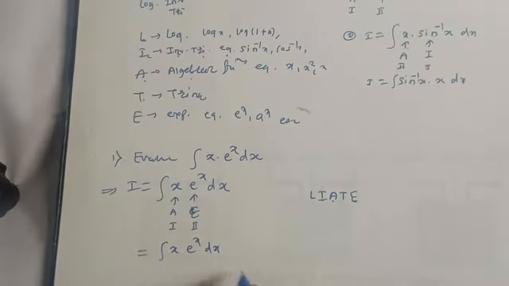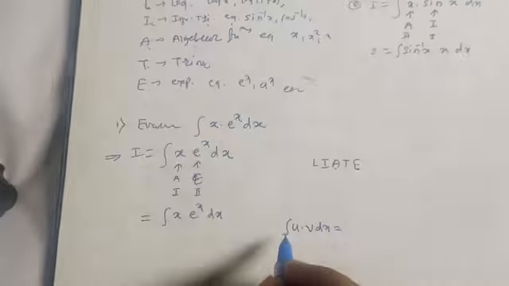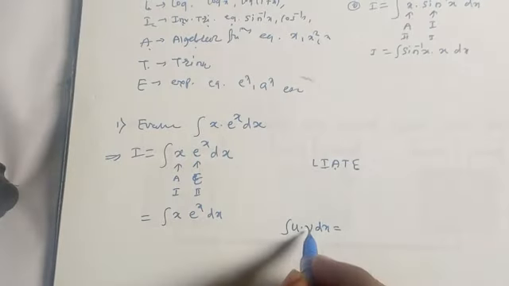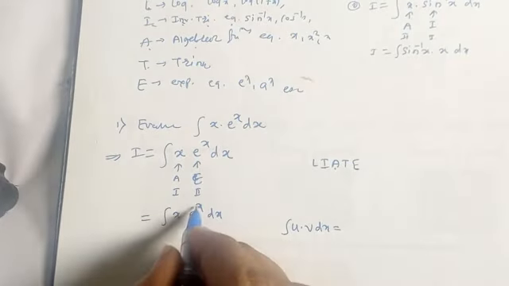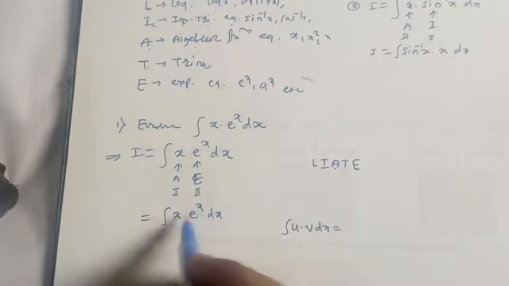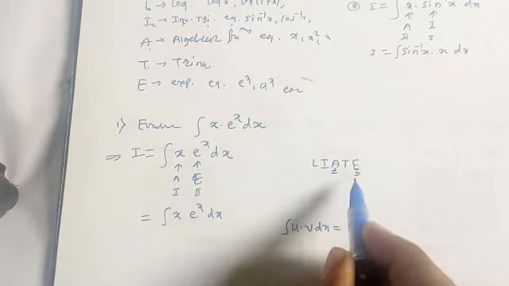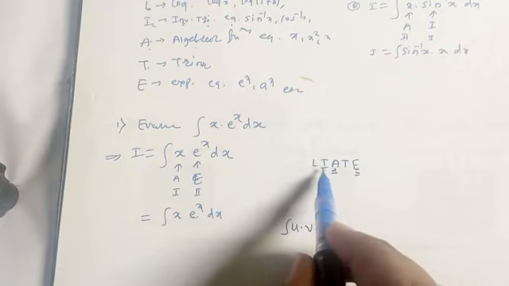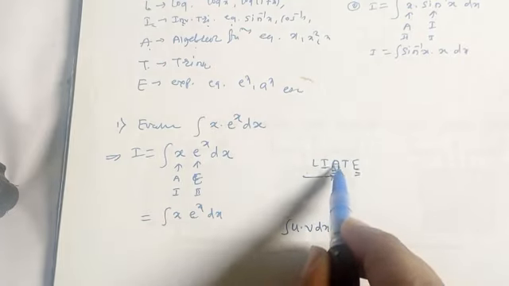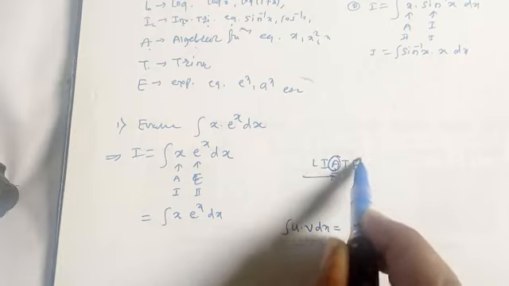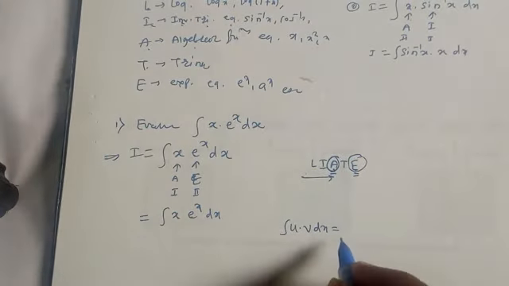We have to use the by-parts rule here. Taking the first function means u is equal to x, and the second function v is equal to e raised to x, because x is an algebraic function and e raised to x is an exponential function. So we take first the algebraic function, then the exponential.